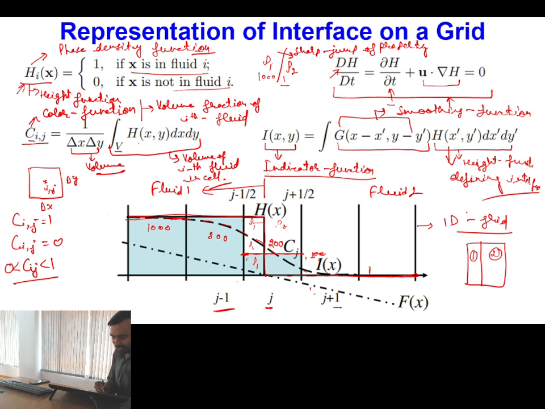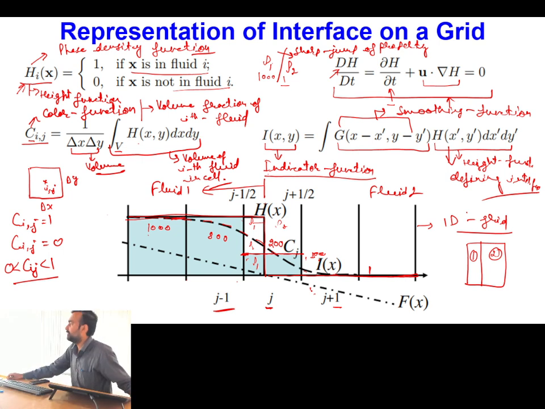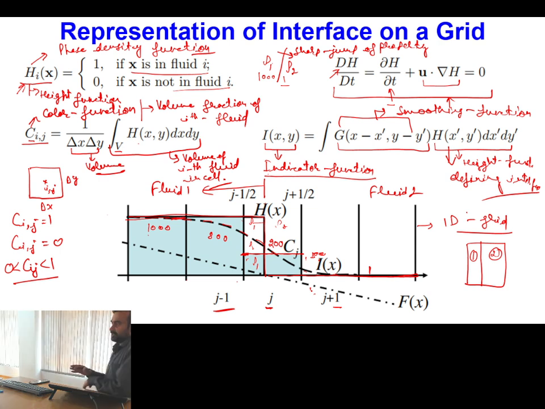So whenever I move from one fluid property to the other, between the cells containing the interface and the adjacent neighboring cells, there will be a smooth transition of property from one phase to the other. This smooth transition of property, if linked with the indicator function, will improve the numerical stability.